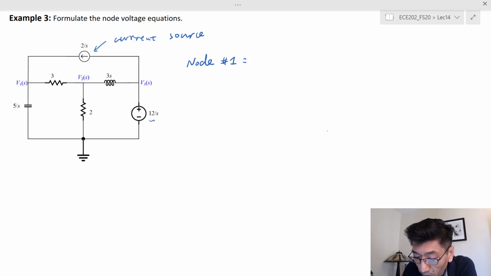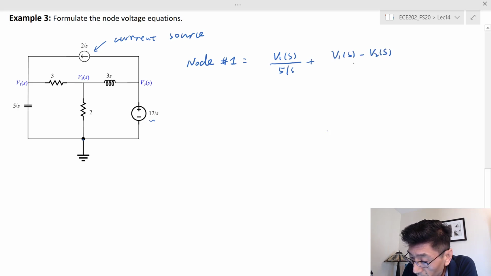Let's start with node number 1: V1 s over 5 over s plus V1 minus V2 divided by 3. This is the current leaving through the capacitor impedance and the resistance. That's equal to 2 over s.